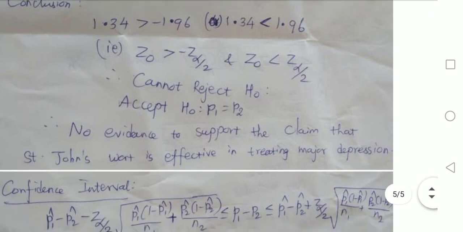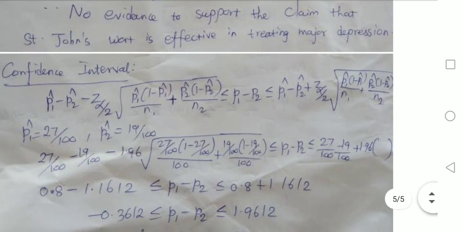Okay, and checking with the confidence interval formula, which is a very long formula, for a two-sided test we have P1 cap minus P2 cap minus z alpha by 2 root of P1 cap into 1 minus P1 cap divided by n1 plus P2 cap into 1 minus P2 cap divided by n2, less than or equal to P1 minus P2, less than or equal to P1 cap minus P2 cap plus the same term on the other side. We already know the P1 cap and P2 cap values.